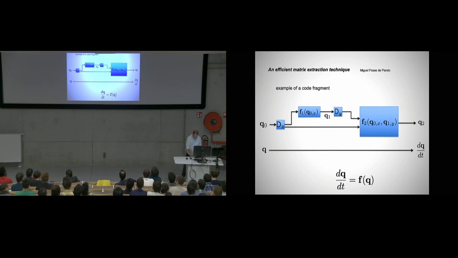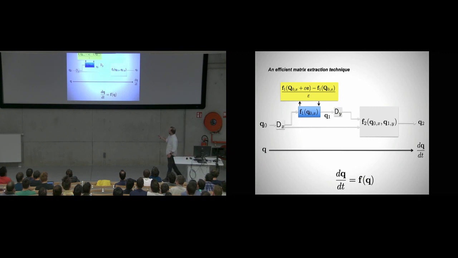So that's very good. In order to linearize that one, we do a very simple finite difference approximation where we call the subroutine F1 twice. Once with the part we want to linearize about, and once with a small epsilon perturbation, divided by epsilon.